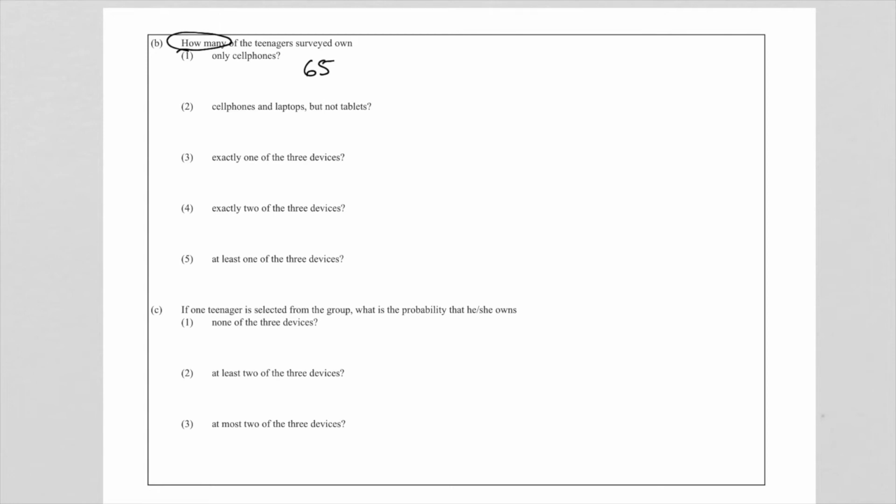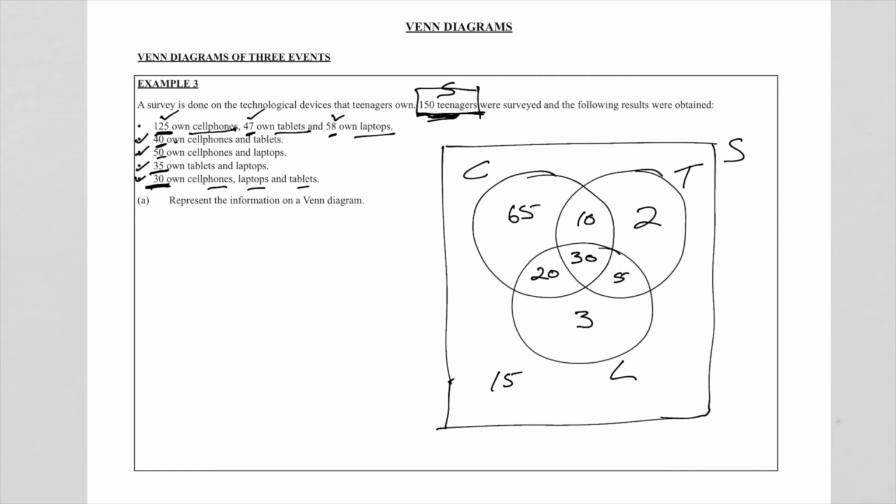The second question, cell phones and laptops, but not tablets. So that and refers to the intersection. So if I go back, cell phones and laptops, that is my intersection. So you can see there's 50, but they say we must exclude the tablets.